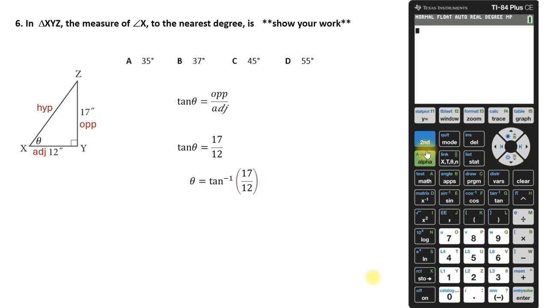So in this case, I am going to press the second function, go to my inverse tan, and instead of typing in the decimal here, I'm just going to leave it as a fraction. 17 divided by 12, close the brackets, and that'll give me an answer of 54.78. So our answer is D, 55. We take the closest one, we round 54.78 degrees up to 55.